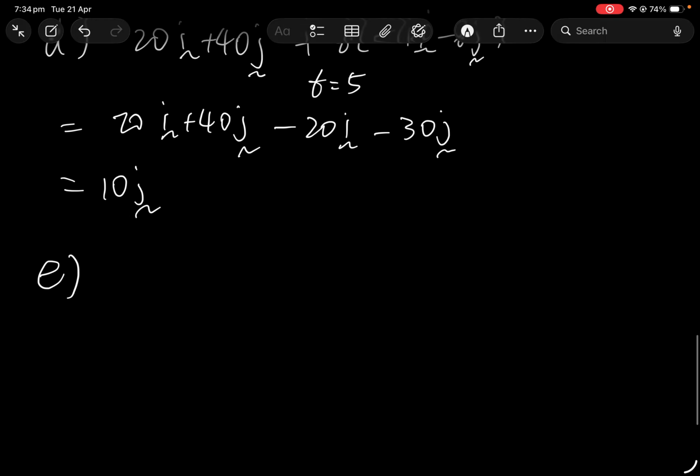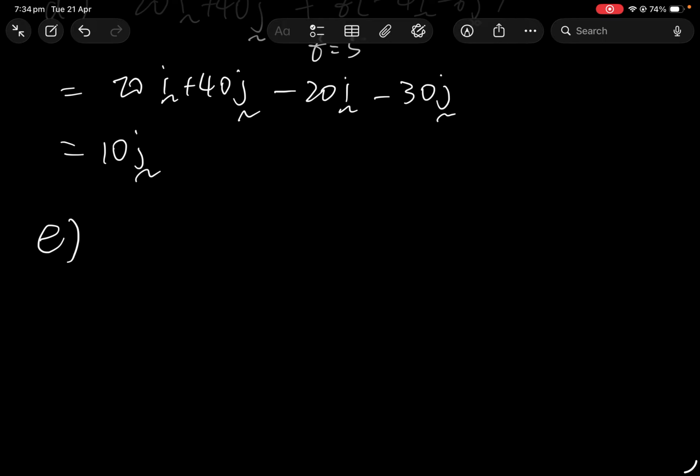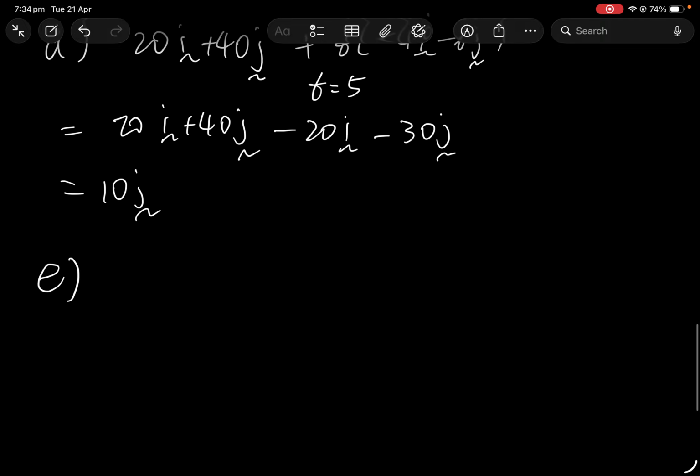Now we're up to part E. Find the distance between A and C t hours after 9. So that's literally just what we did with A and B, but with A and C this time.